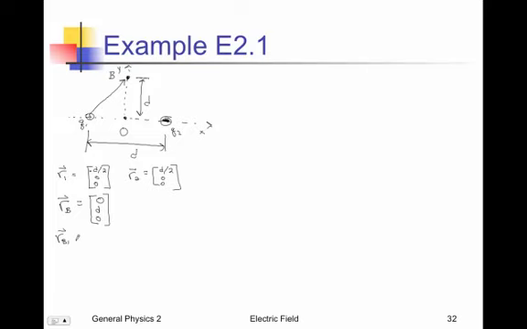So let's see if that's what we get. I take my R_B, which is 0, D, 0, and subtract my R_1, which is negative D over 2, 0, 0. 0 minus a negative gives me a positive, so I get D over 2, D, and 0.